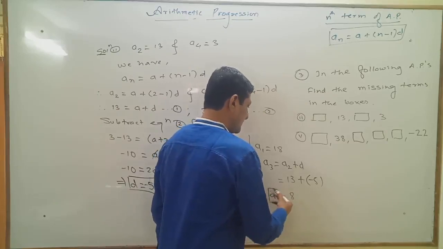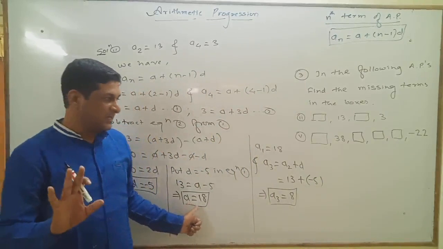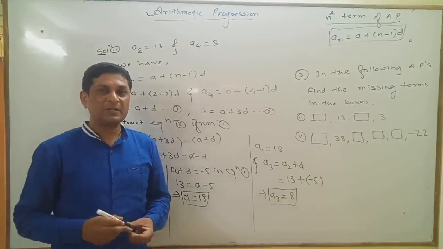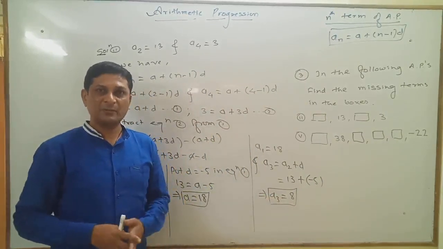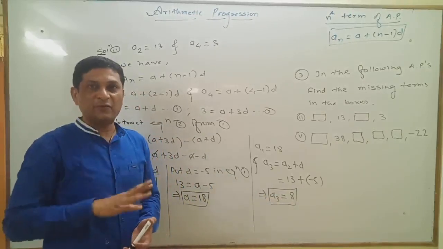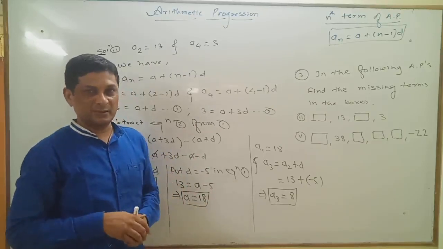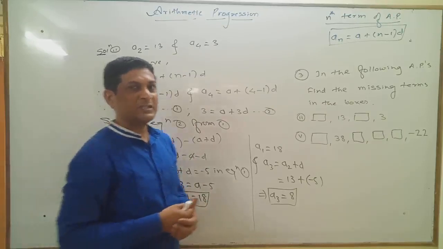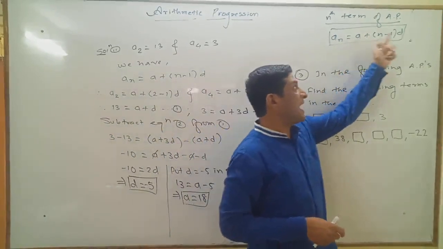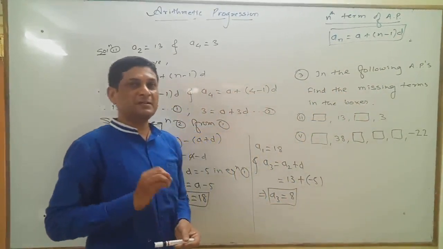In this way, we have got both our required values, A1 and A3. See, in case of arithmetic progression, an important thing: to apply any formula, either in this exercise or in the next exercise also, all the formulas are related with A and D. That's why if A and D are not given to us, some conditions are given.